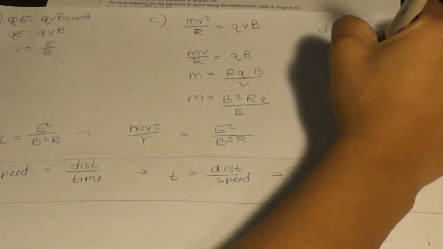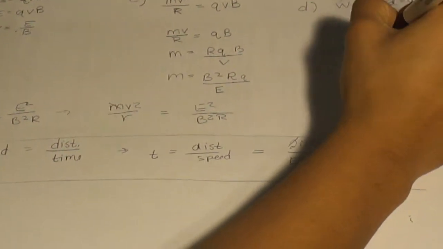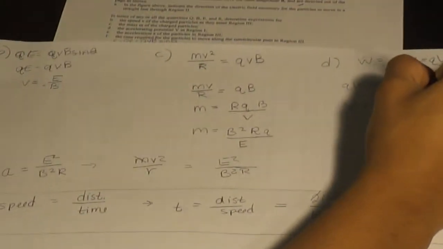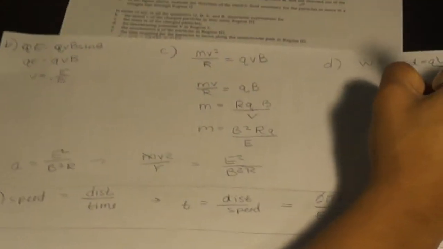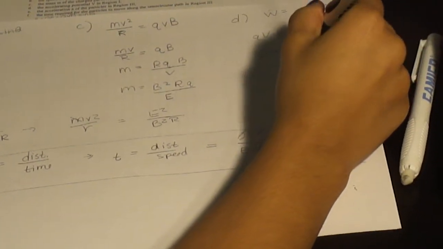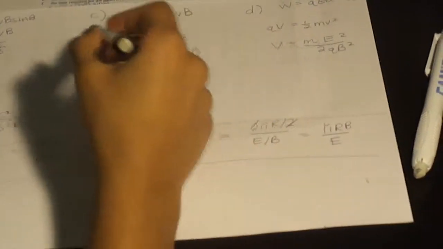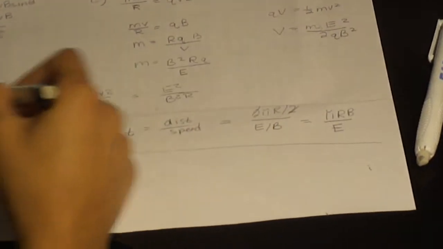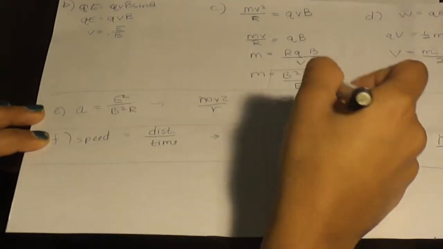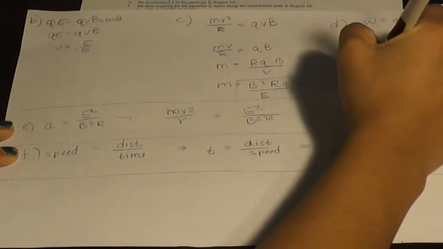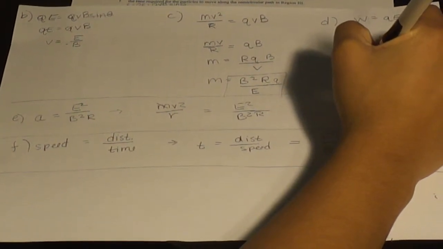V becomes equal to m times the velocity squared over 2Q, so we substitute the velocity in: m over Q times E squared divided by 2B squared. And we found what m was equal to in part C. So we plug that in for m because we're not allowed to use mass.